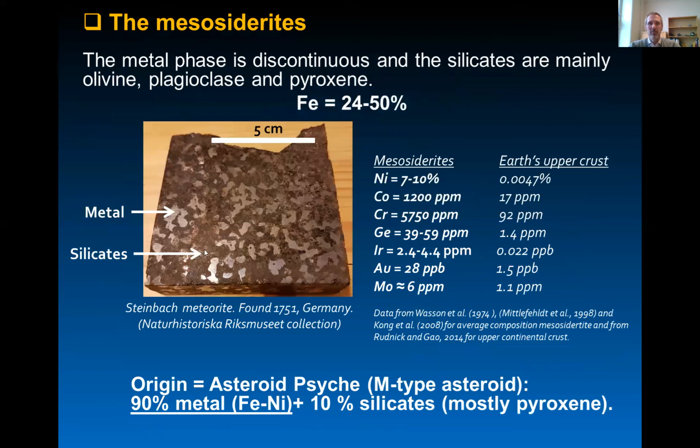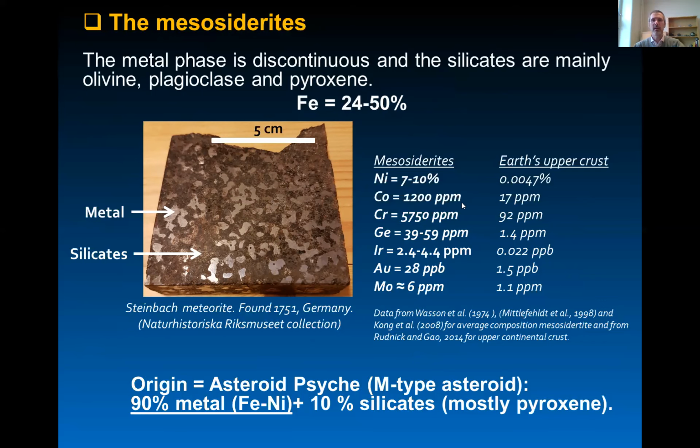The mesosiderites: the metal phase is discontinuous compared to the pallasites, and the silicates are mainly olivine, plagioclase, and pyroxene. In terms of composition, iron represents between 24 and 50%. Metal is here on this picture, and the silicates are here.